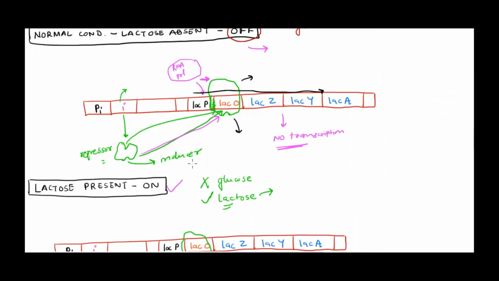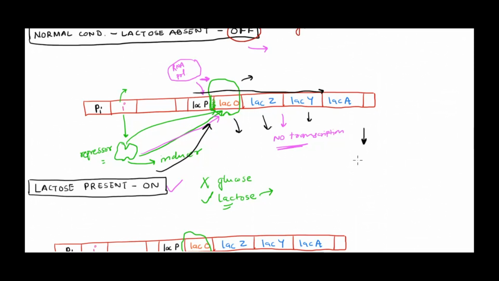And immediately the repressor will again come back and bind to the operator. So it happens that sometimes the repressor does fall off and RNA polymerase takes advantage of that fraction of a moment, transcribing these enzymes in very, very low quantity.